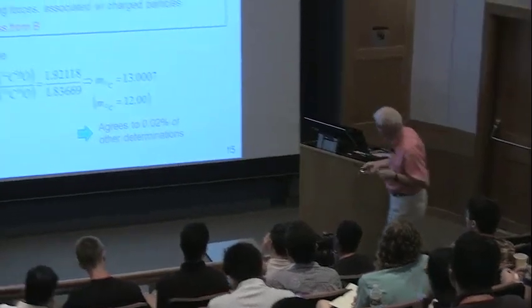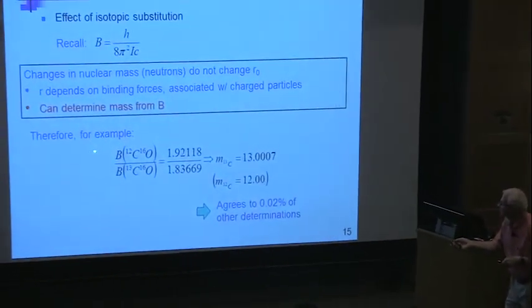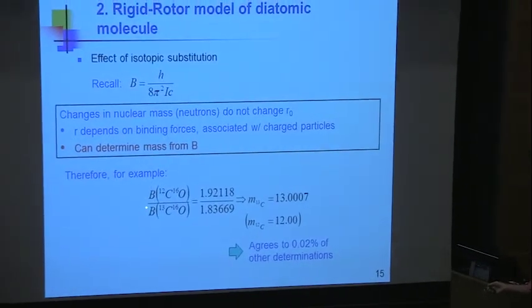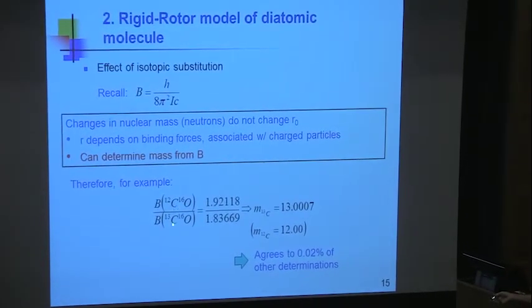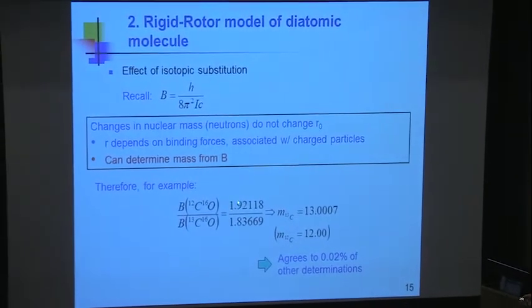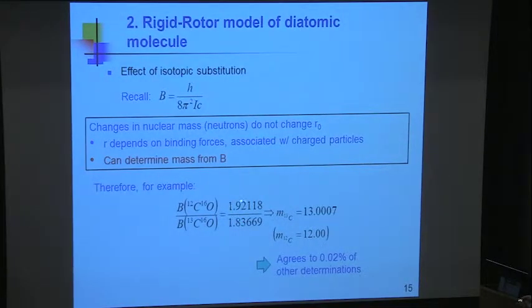Therefore, you can play a trick. You can recognize that the ratio of these B's, if we take the known masses, is something like this. What does that mean? If you looked at the spectrum, you'd see that the spacing of the lines is different for this molecule than for this molecule.